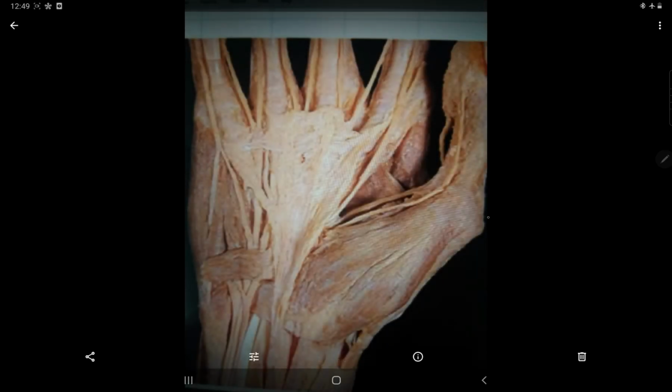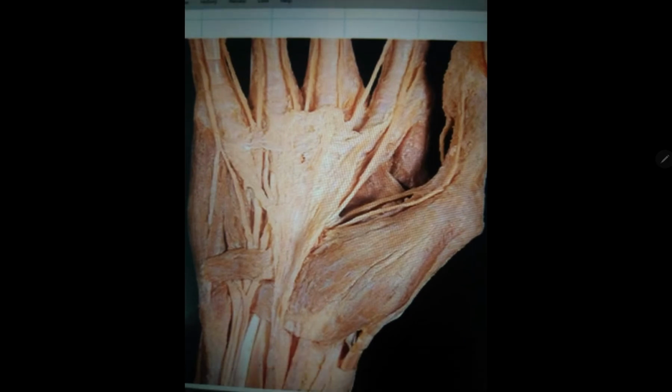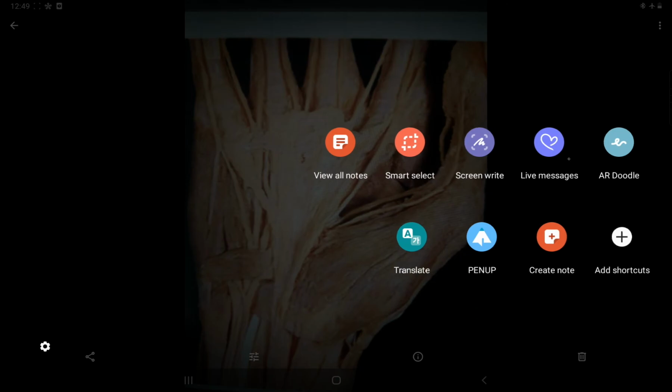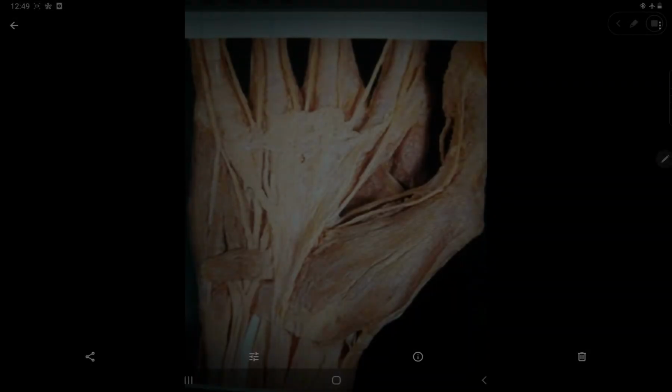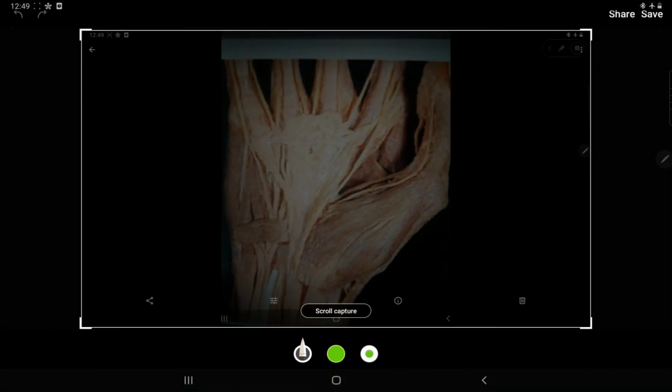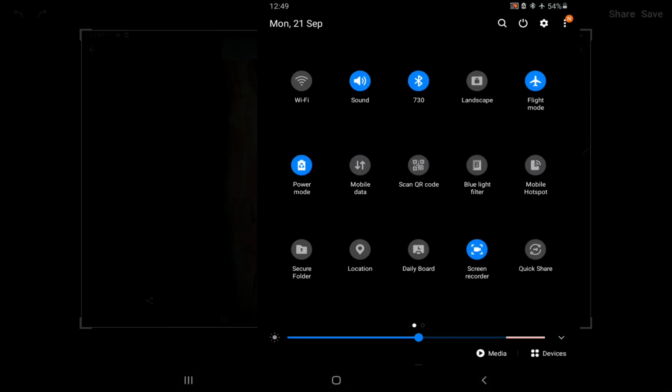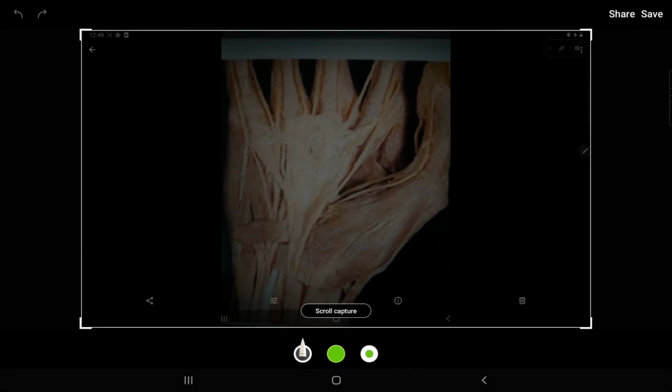Here I am going to talk about the cadaveric images of various muscles. So this is obviously the thenar muscles, the thenar eminence also.